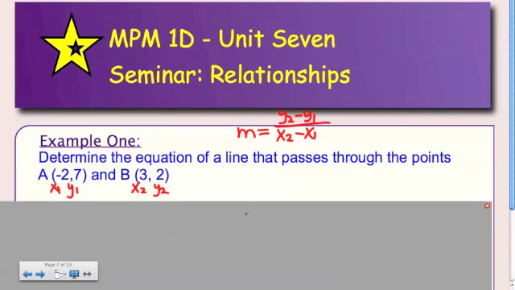So I want someone to do that and tell me y2 is 2 minus 7, x2 is 3, my x1, be careful, it's a negative 2. So I want you to tell me what your final slope is.